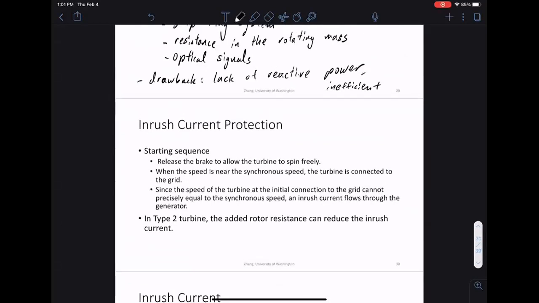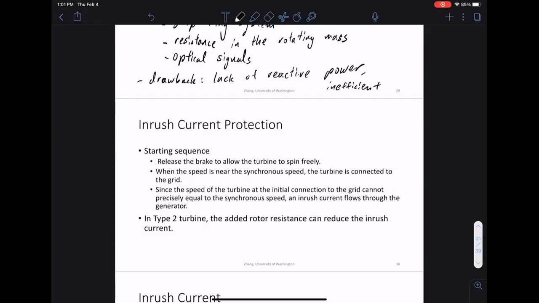Another thing that type 2 can do is basically provide better inrush current protection. If you remember back to type 1, if the starting speed is high and then you connect to the grid, there's a big surge of current going through the system, and that may trigger some protection equipment.